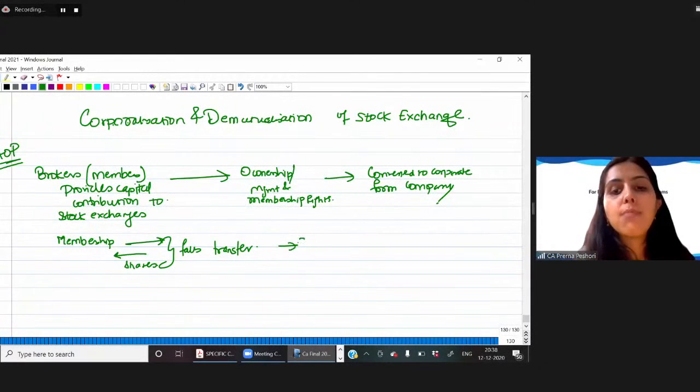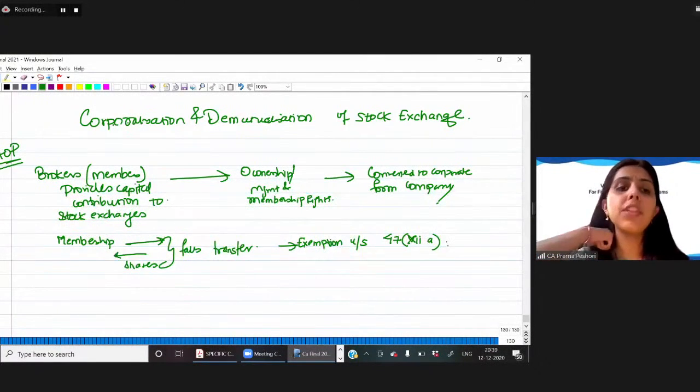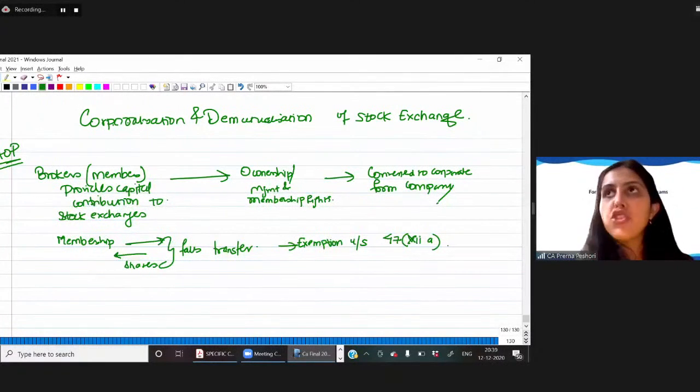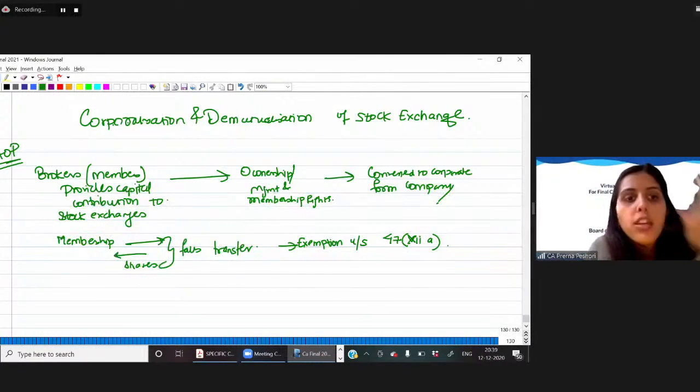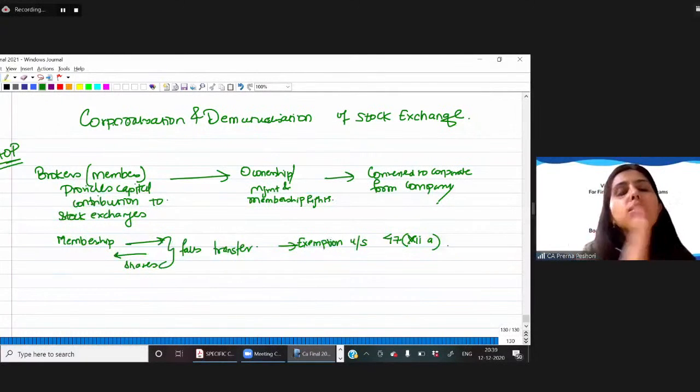As per the exemption granted under section 47(13A), when the brokers receive the shares in the stock exchange in lieu of giving away their membership rights in the AOP, this will be treated as exempted transfer.